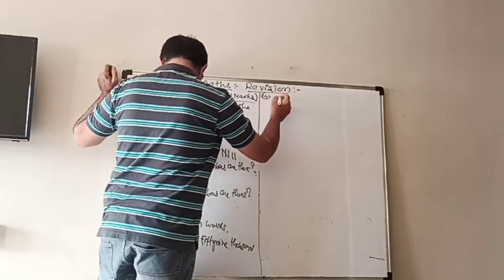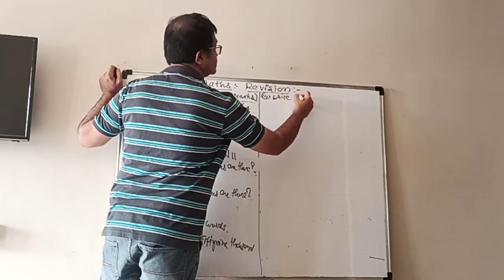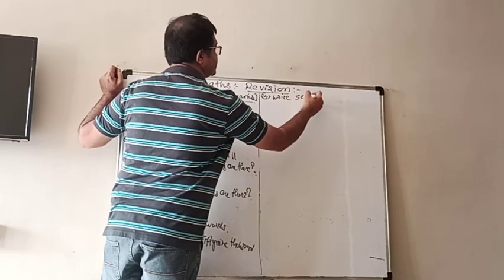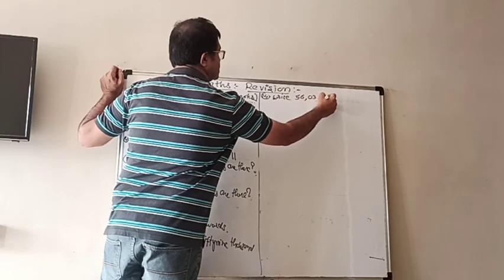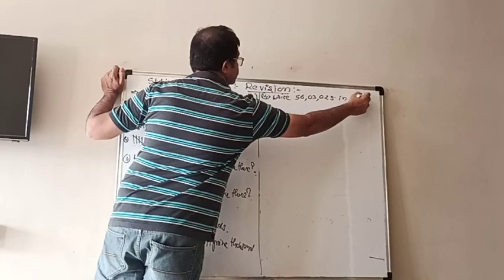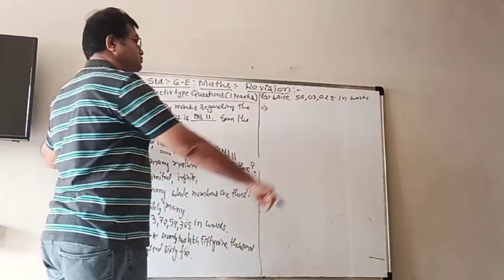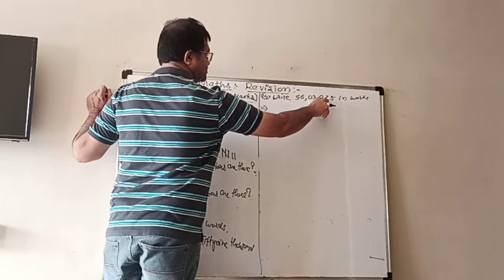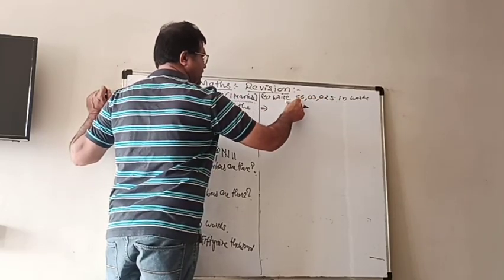You can take another one also. 5603025 in words. Here unit digit, tens, hundreds, thousand, 10,000, lakh, 10 lakh.